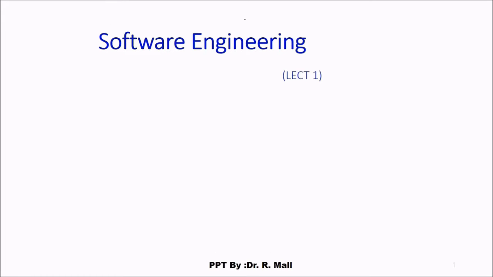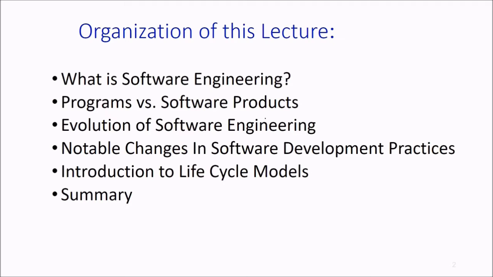Again, this PPT source is from Dr. Rajib Mall only. So what we are going to do is cover the various chapters and then try to answer, or give you a hint about, the questions of each chapter. The organization of this session is: what is software engineering, and the difference between programs and software products, because this is often asked.